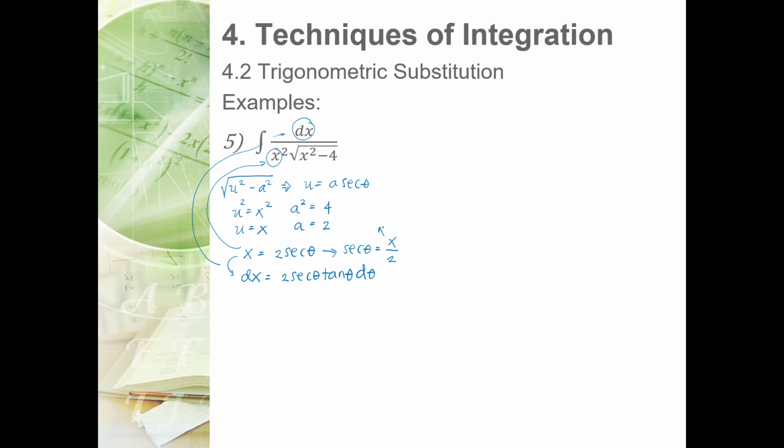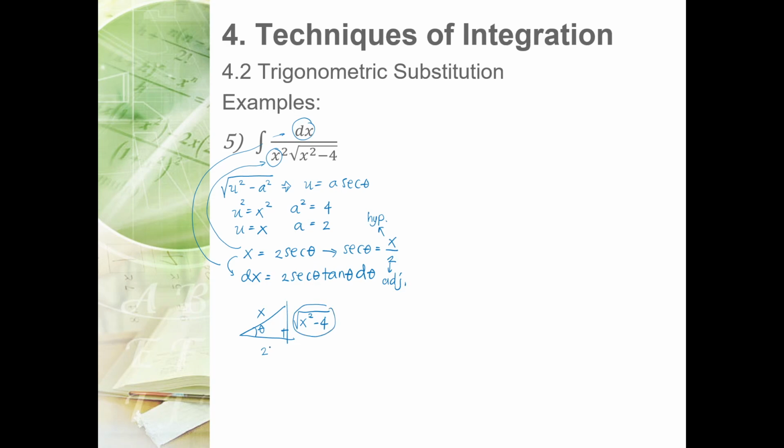Again, the secant function is defined as hypotenuse all over the adjacent side. So creating the right triangle, the hypotenuse is x and the adjacent side is 2. So the other side is obviously the square root of x squared minus 4 by the Pythagorean Theorem.